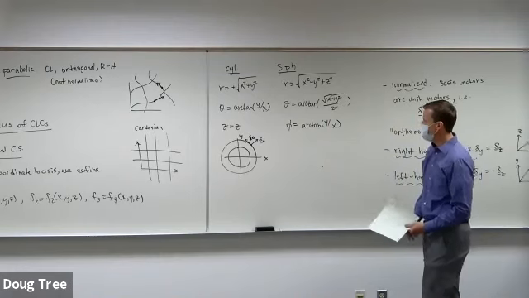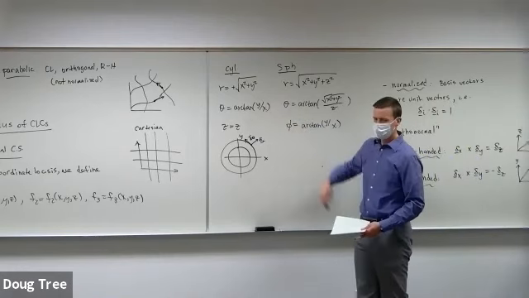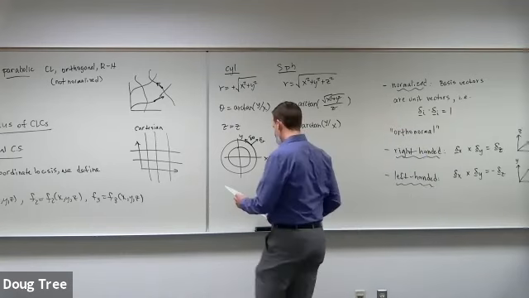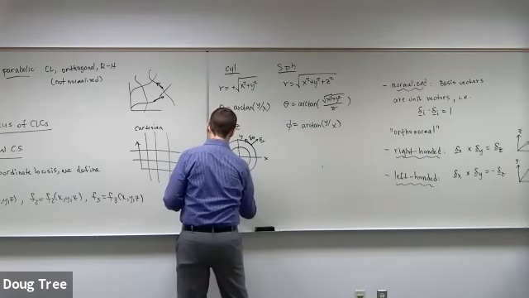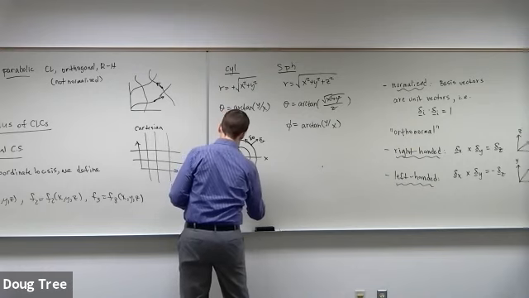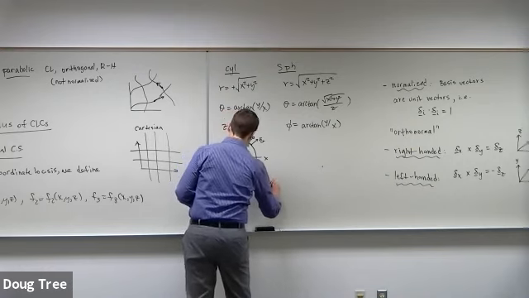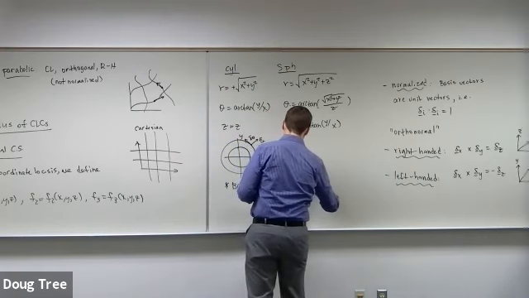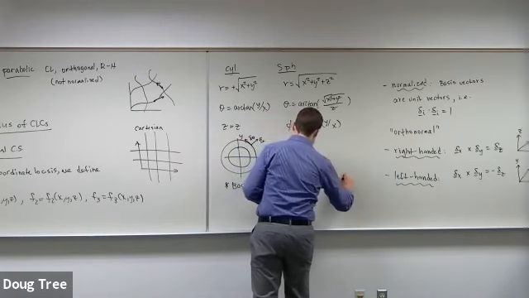So we've defined these curves, right? And now we're going to get delta r and delta theta, and we do that by looking at the tangents. So the basis vectors, I said, are the tangents to these curves.